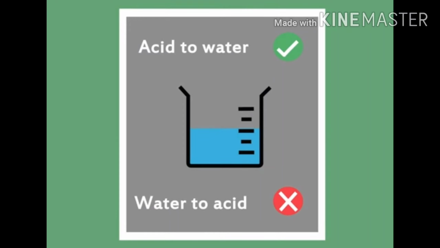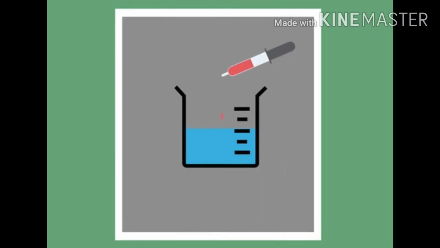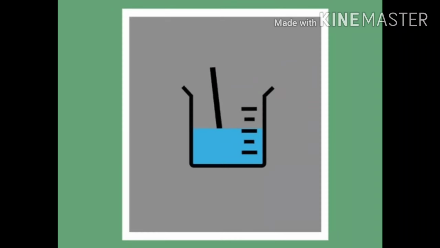Thus, while diluting, an acid must always be added to water, and that too very slowly and with constant stirring. This is because if we add a lot of acid directly to water, the heat generated will be too large for water to absorb.